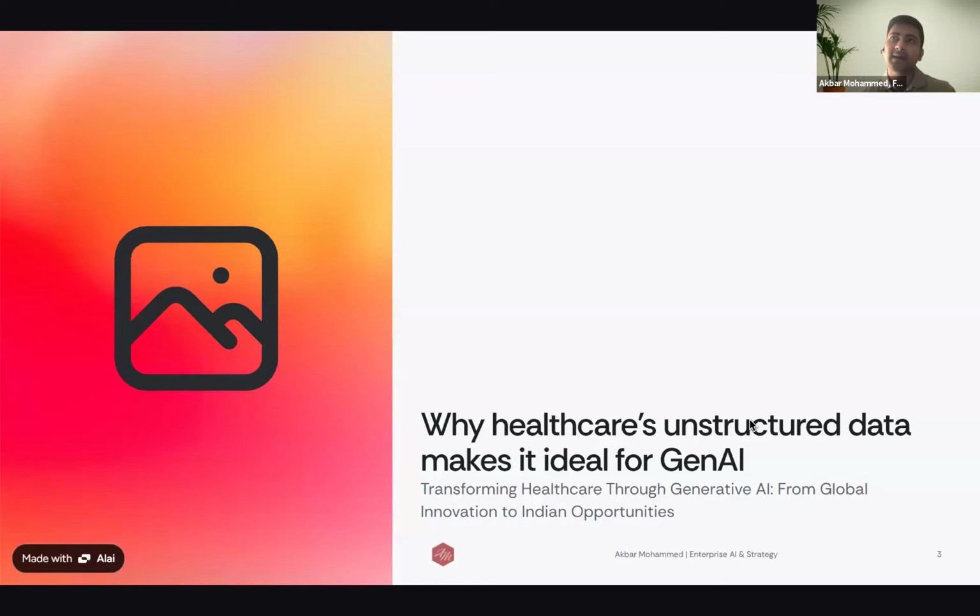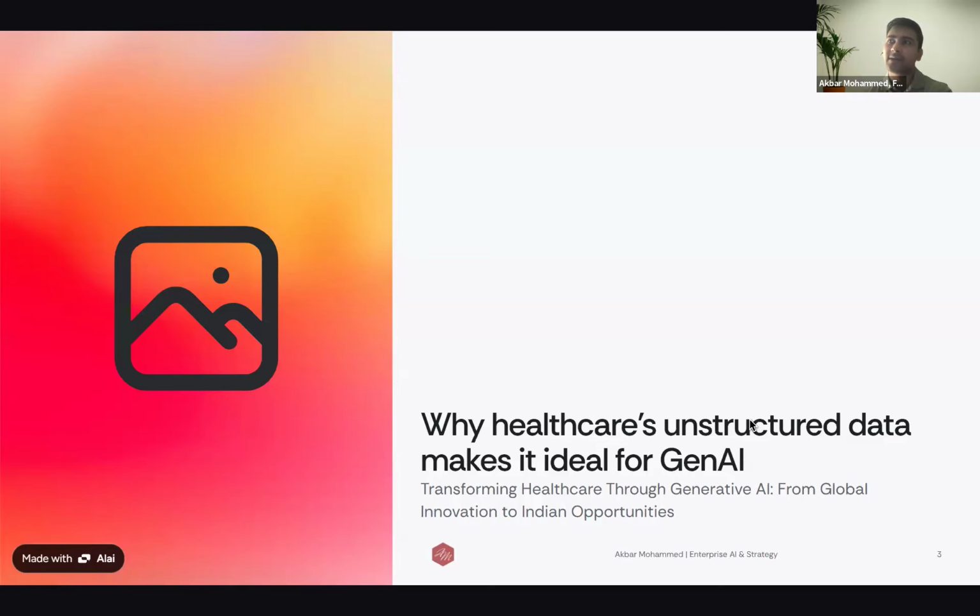And this data in the past had been leveraged only by specialists. But where we are today, it's becoming more and more accessible. In the early 2000s, when data became more widespread, the data was still small.